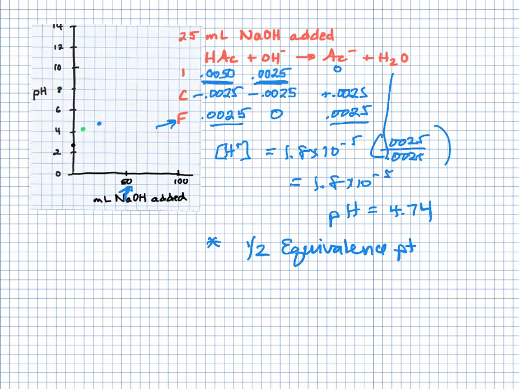At halfway, you'll note that the moles of the acid and the moles of the base are equal. So at the half equivalence point, H plus always equals Ka, or pH equals pKa. It's a really useful way of determining the Ka or the pKa of an acid if you don't know it. So that's going to come in handy at some point or other, I'm quite certain.